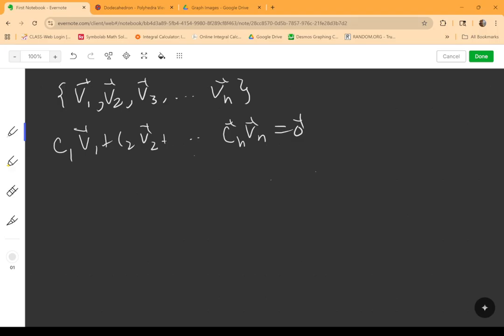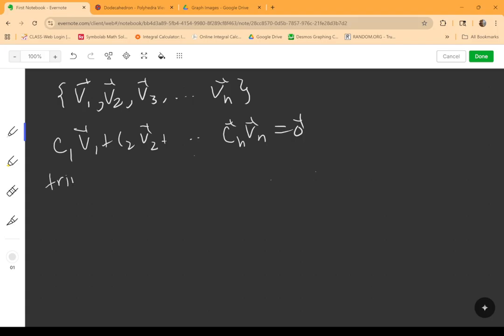Now one thing to keep in mind is that this relation of linear dependence always has a solution. So it's a consistent system. Again, we have parallels to a homogeneous system, which we know is always consistent because the trivial solution always exists. So whether solutions exist is not the question being asked.